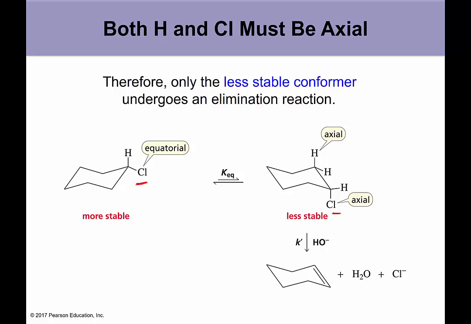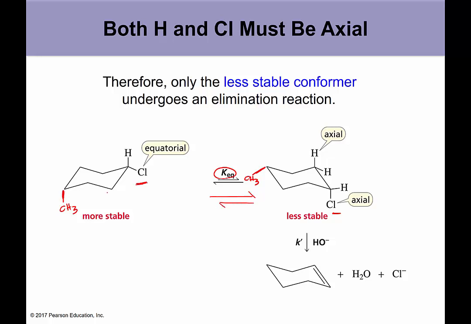If, for example, I added a methyl group on this side, or a larger group, when this ring flips, the CH3 prefers to be here, and what you do by doing that is you alter the equilibrium so it favors more this way than it does that way.